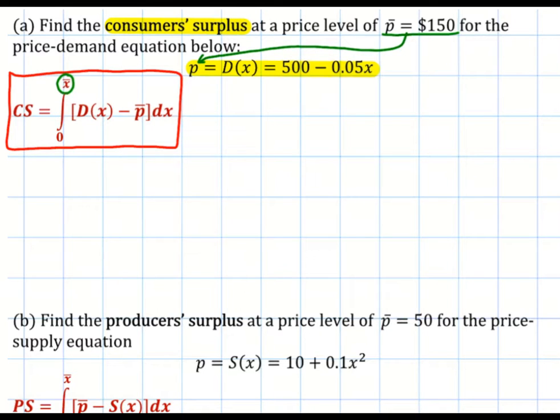I will write on this side, 150 equal to 500 minus 0.05x. Now solve for x. By the way, since this is the P bar, we're going to have the X bar. So we can subtract 500 on both sides.